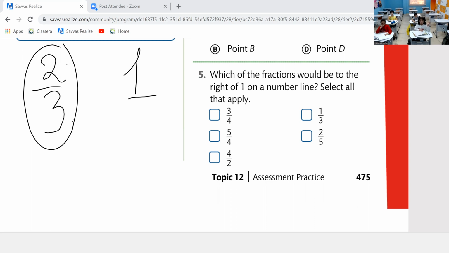The other grade 3A and 3B know the rule. You look at the numerator. If the numerator is less than the denominator, that means that the fraction is less than 1. But when the numerator is bigger than the denominator, the whole fraction is greater than 1.